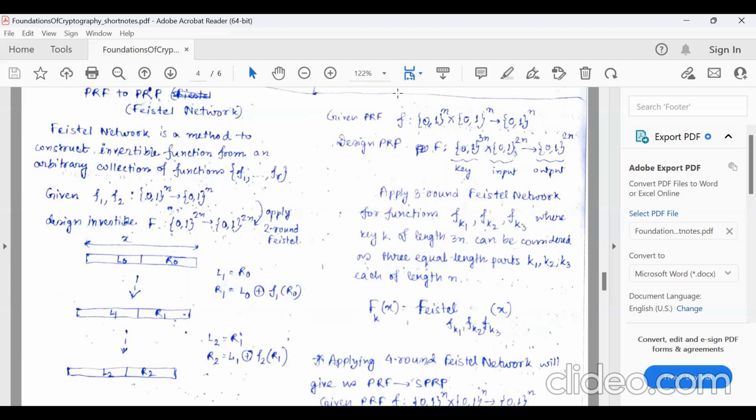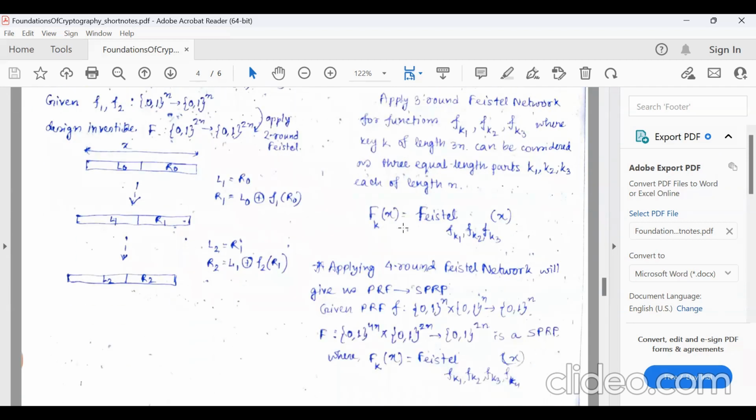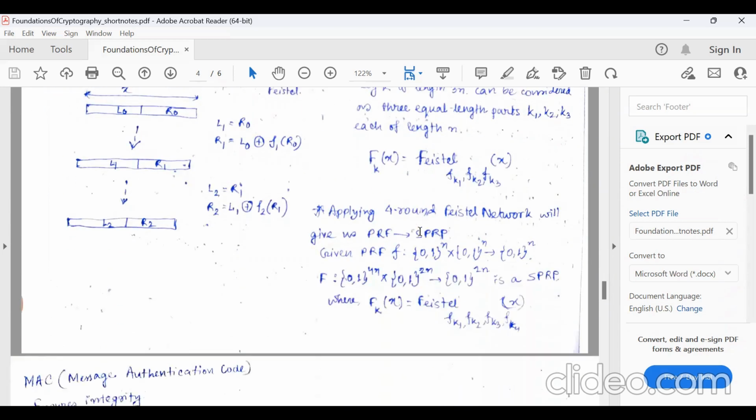But your PRP has a key of length 3n. So you use the key as three different keys each of length n, and you use f of k1, f of k2, and f of k3 as three different functions because the keys are different. So you will use f_k1, f_k2, and f_k3 as three different functions in a three round Feistel network, and thus you will be able to construct a PRP from your PRF.